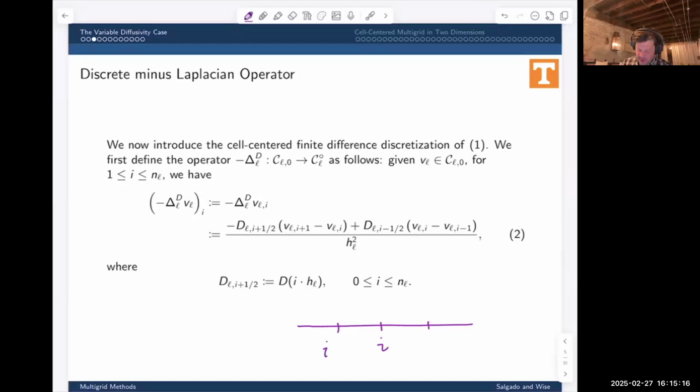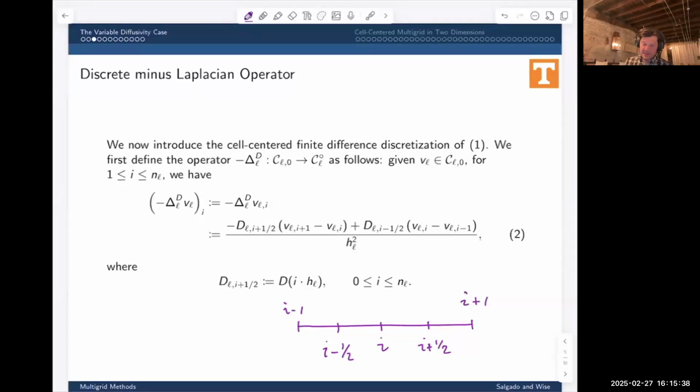We have these points here, I minus a half, and I plus a half. And then out here would be I plus 1. Nope, I'm counting backwards. I minus 1, right? And here, I plus 1.